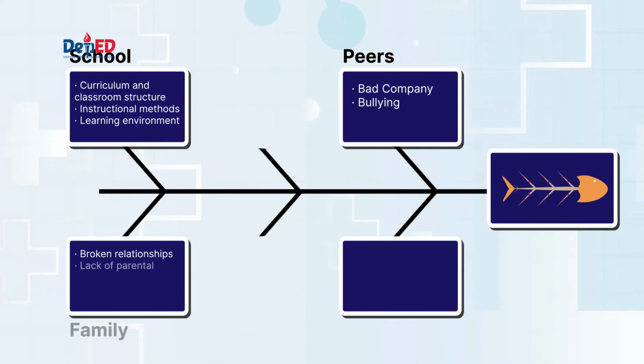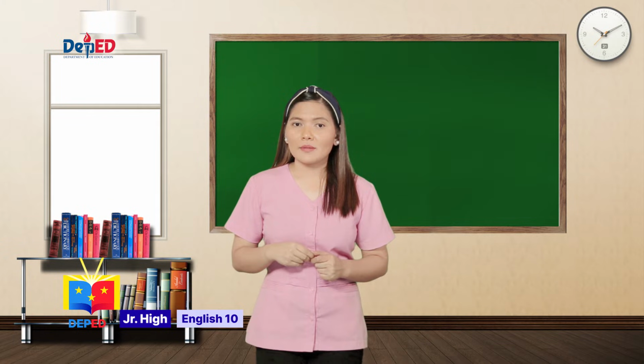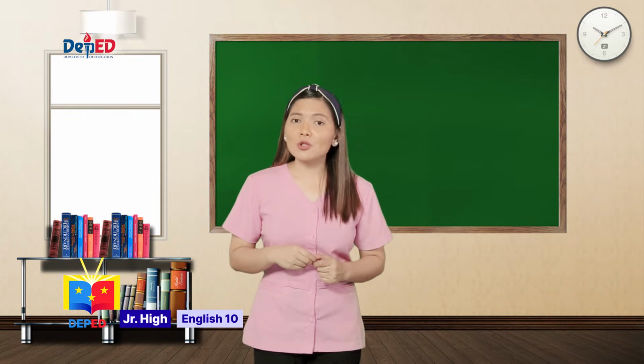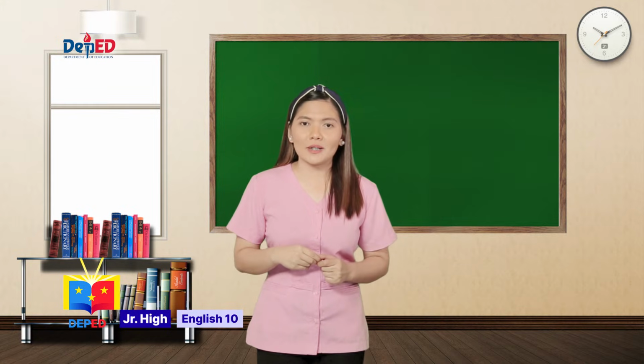For family, it could be broken relationships, lack of parental support, if your parents don't involve themselves in your school-related matters, and family socioeconomic status, if your family could not afford to support your education financially. Again, we have broken relationships, lack of parental support, and family socioeconomic status for this sort.